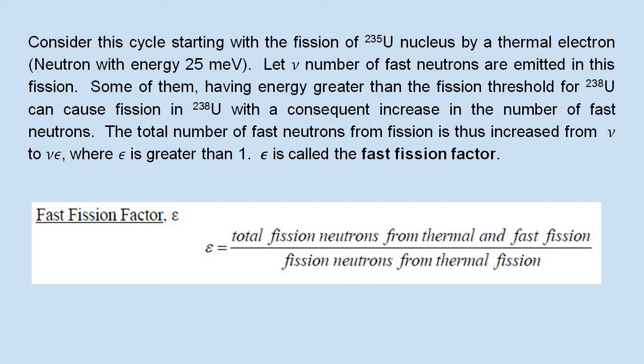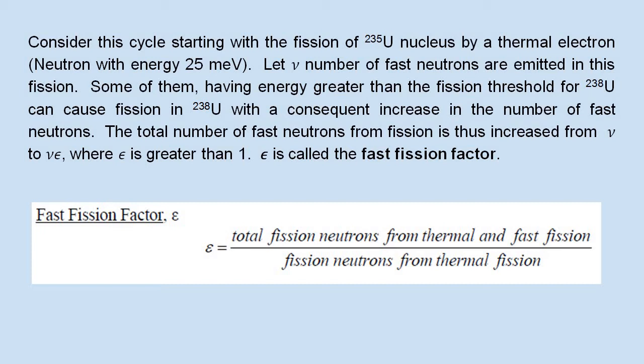Some of them, having energy greater than the fission threshold for uranium-238, can cause fission in uranium-238 with a subsequent increase in the number of fast neutrons. The total number of fast neutrons from fission is thus increased from nu to nu epsilon, where epsilon is greater than 1.